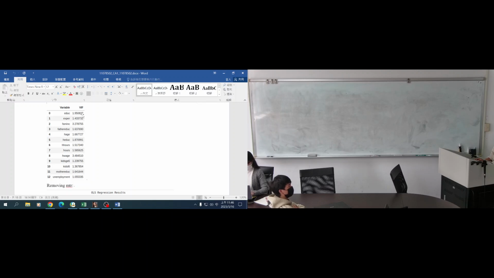We want the x variables to be highly correlated with the y, that's why we say we have important factors. But if the x variables are highly correlated with each other, that causes problems. So multicollinearity only occurs among x variables. Yes, this one should be removed.